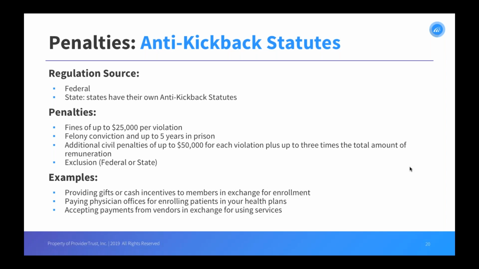Additional civil penalties of up to $50,000 for each violation, plus up to 3 times the total amount of remuneration, and then a potential exclusion as well at either a federal or state level. And there are 44 different exclusion lists as well. And examples of this would be providing gifts or cash incentives to members in exchange for enrollment, paying physician offices for enrolling patients in your health plans, and accepting payments from vendors in exchange for using services.